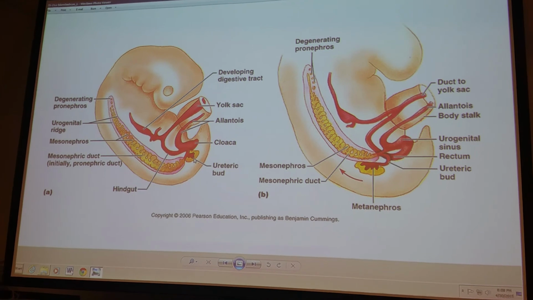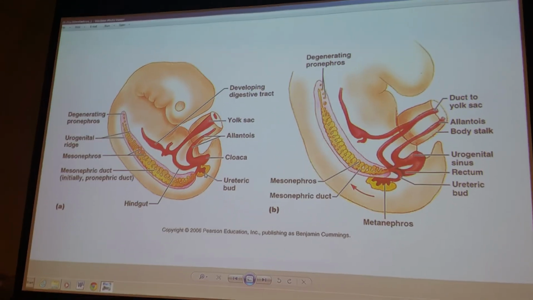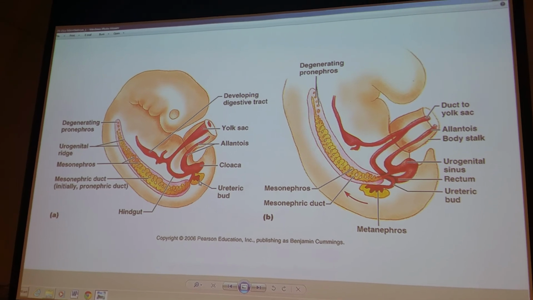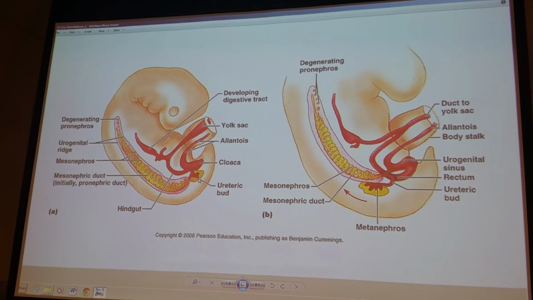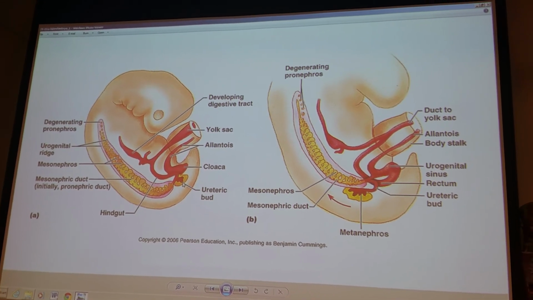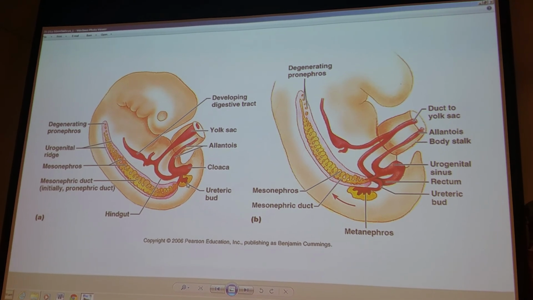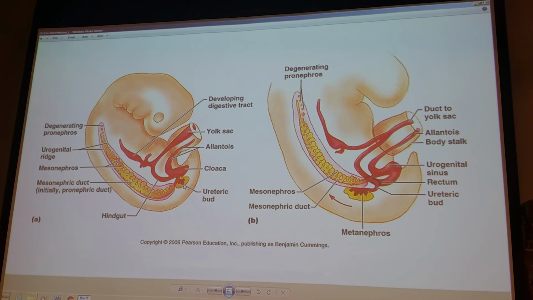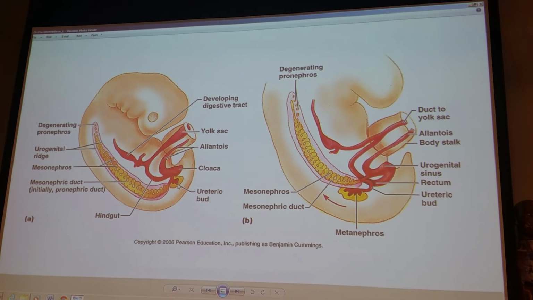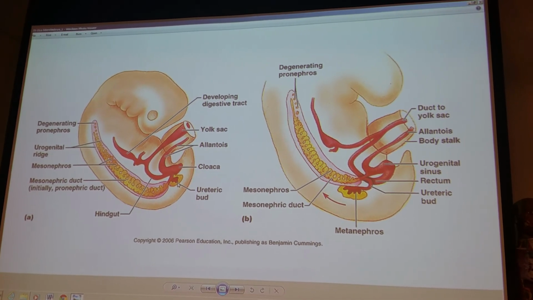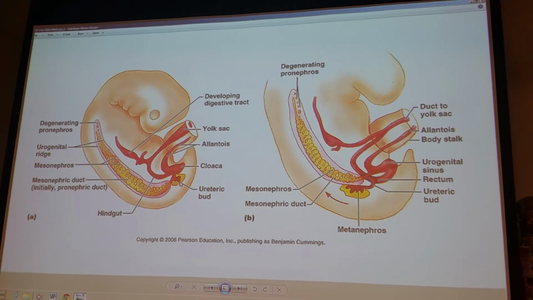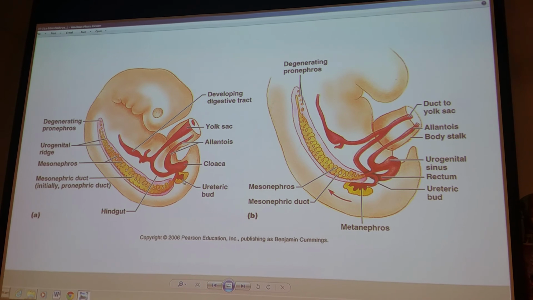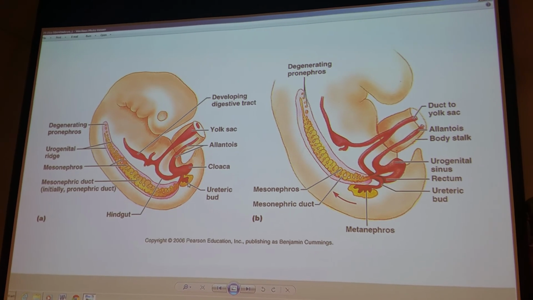There's the ureteric bud in the embryo. You don't have to know that. But did you know that even primitive organisms like jellyfish and cnidarians have specialized cells called flame cells?